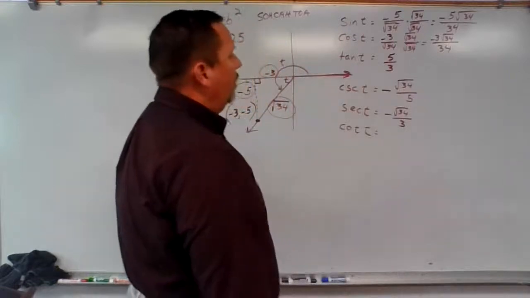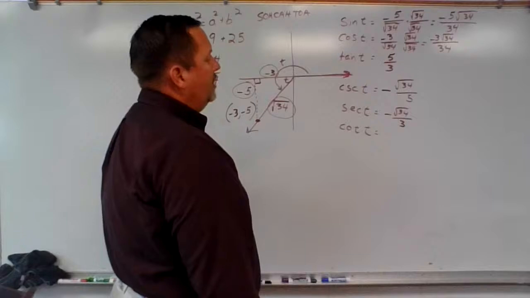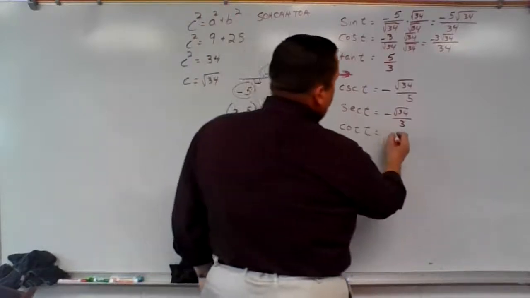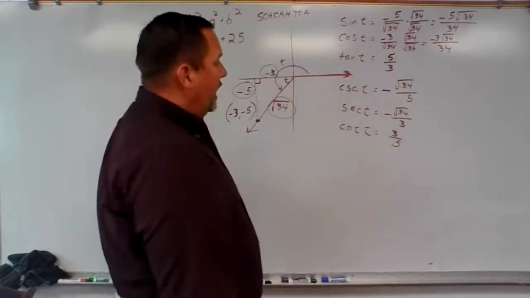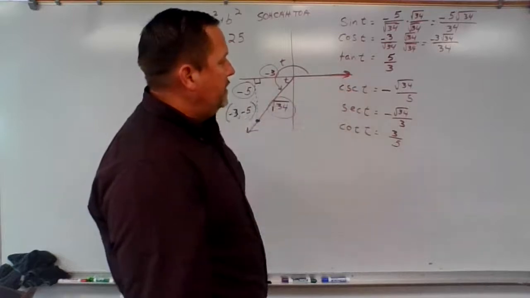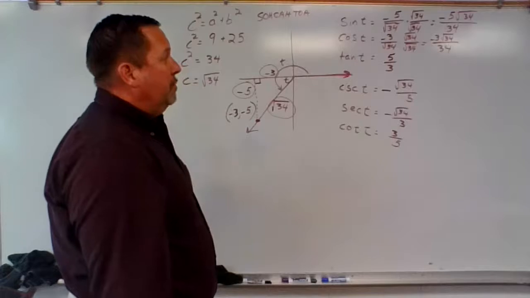Negative root 34 over 3, and cotangent is the flip of tangent. That's just going to be 3/5. And again, that's the only one that's going to be positive because it's the flip of a positive value. Both of these were flips of negative values, and they will also be negative.